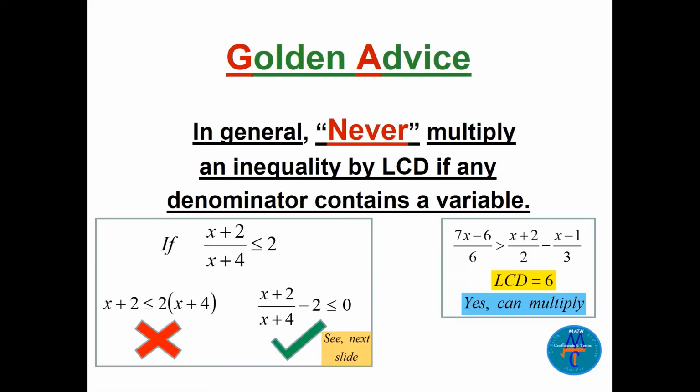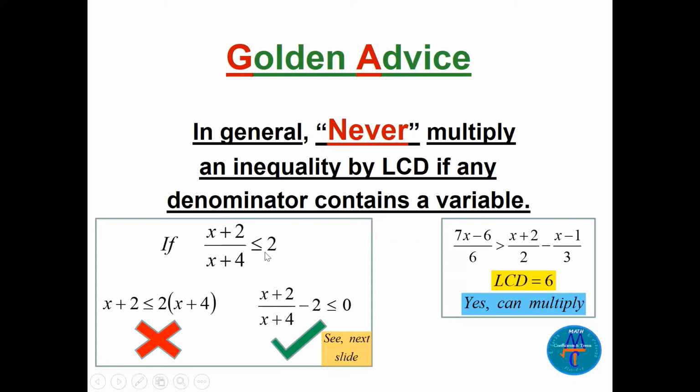Now, before we go to part B, golden advice. In general, never multiply an inequality by the LCD if any denominator contains a variable, like this one here. See, if you try to cross multiply, that's completely wrong.